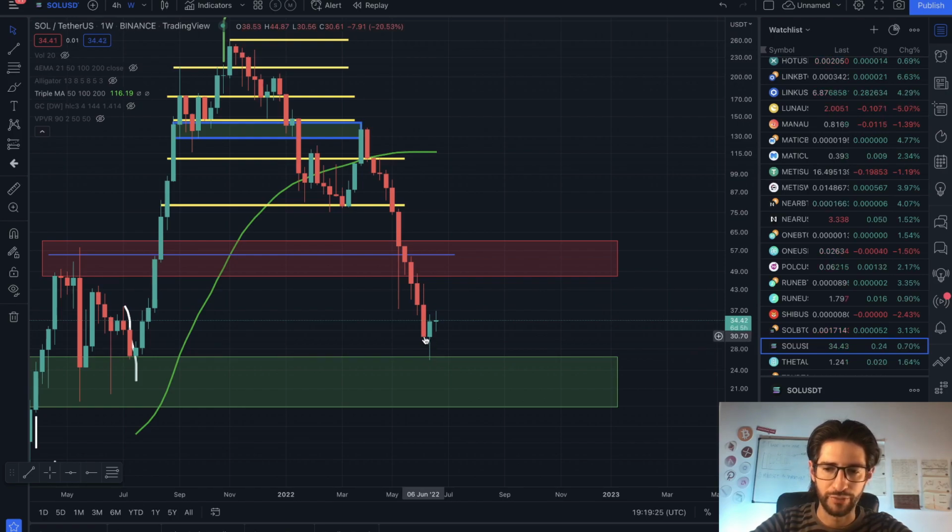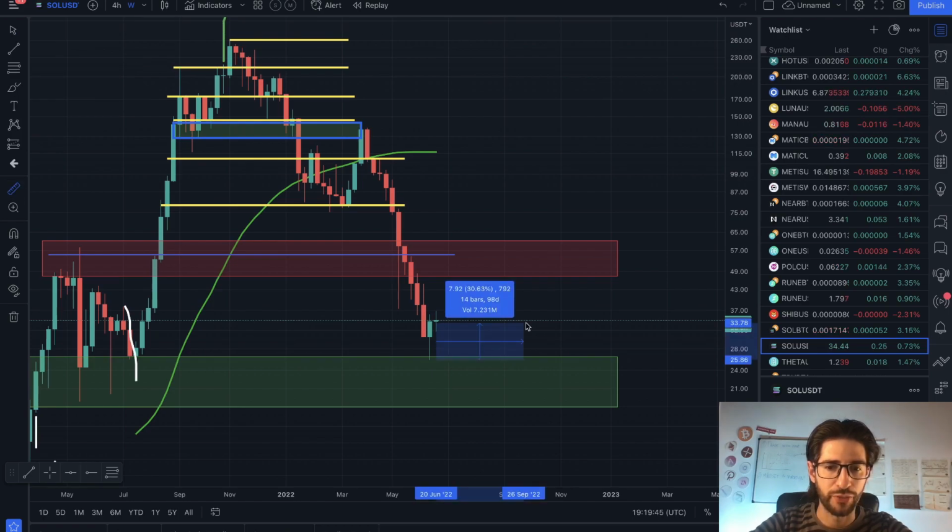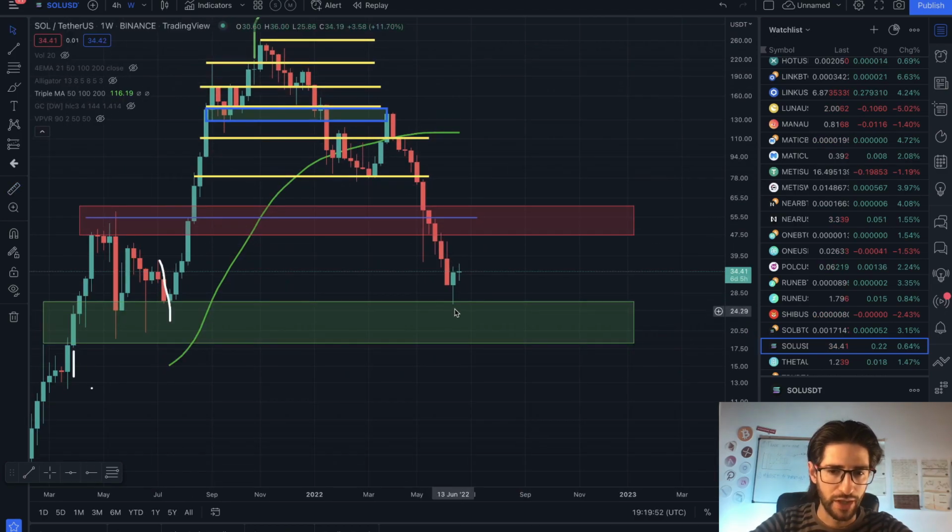This candle closed here at 30, and from here we spent 1 week going up and down, but the buy pressure made us close at 34 last Sunday. So you can see that this was actually a 30% move from the bottom of that candle to the close, which is a lot of buy pressure, and it also corresponds with this support area of these candles in 2021 when we hit the bottom here.